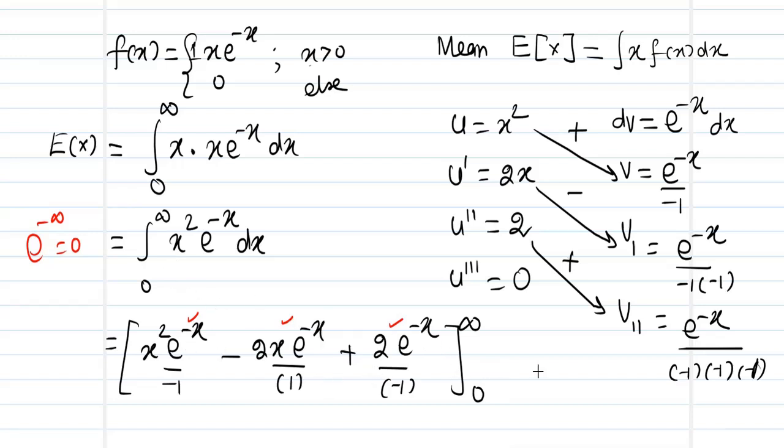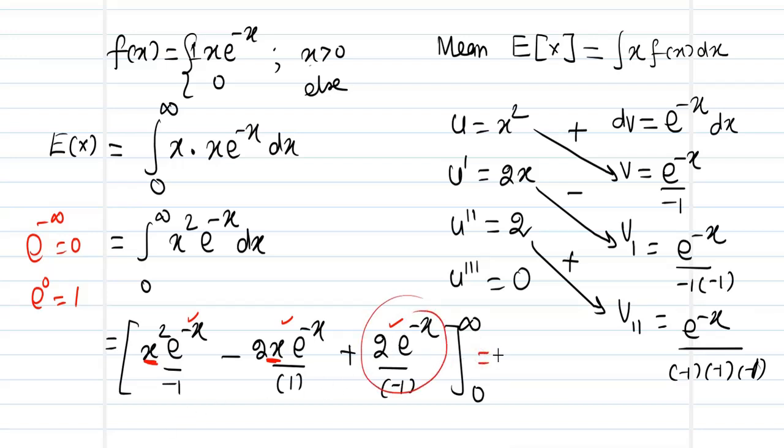The upper limit will always become 0 here, however big the expression is. The second thing is e to the power of 0 is equal to 1. But x takes the value 0 at the lower limit, and we have an x in the first two terms, so those vanish. What is the only term to exist? Only this portion is going to exist.